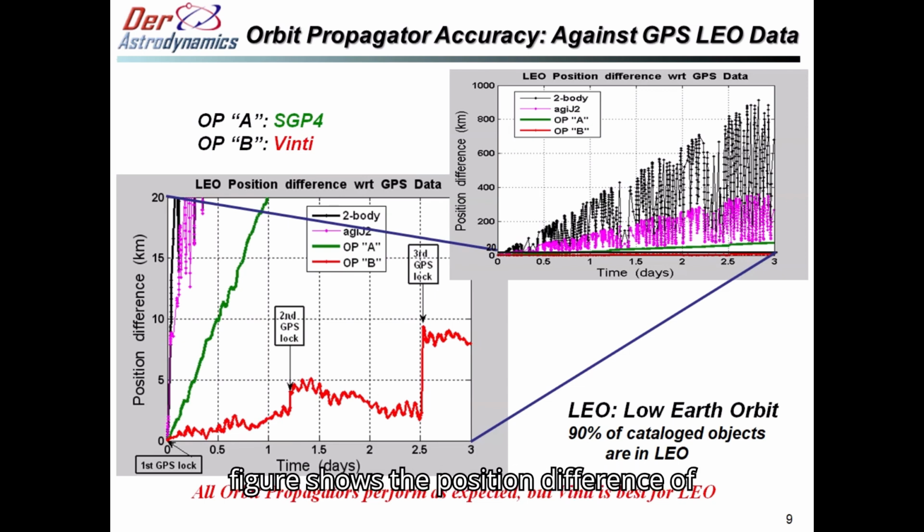The larger figure shows the position difference of 0 to 20 kilometers, where Windy in red outperforms HB4 in green, AGI Secular J2 in pink, and two-body in black for the LEO short duration orbit propagation of less than 3 days. An unbiased accuracy comparison should use a 1-day TLE or SP space catalog with at least 10,000 objects.